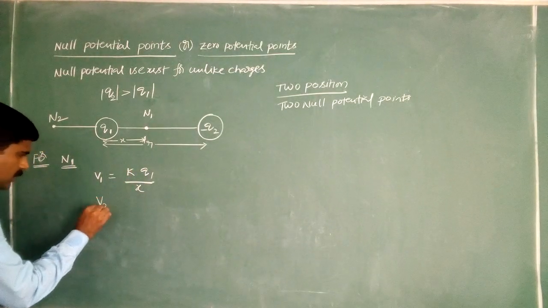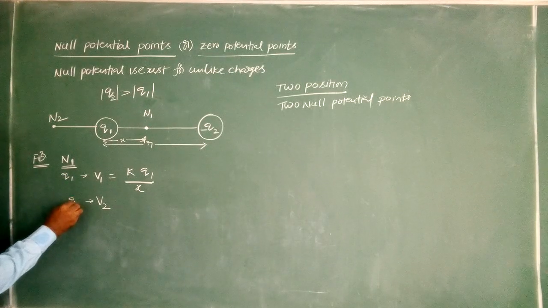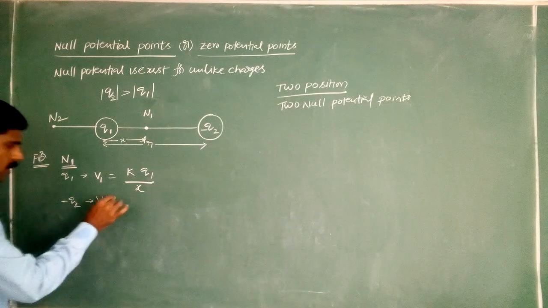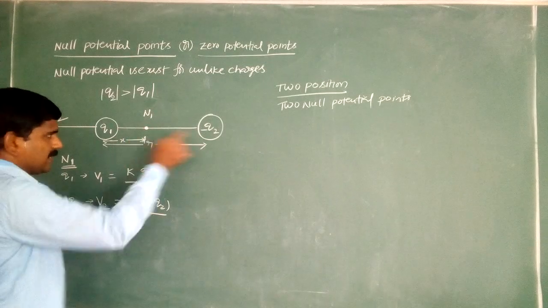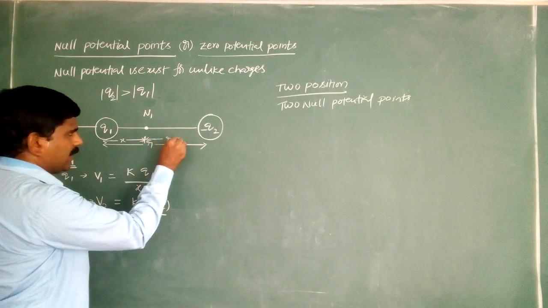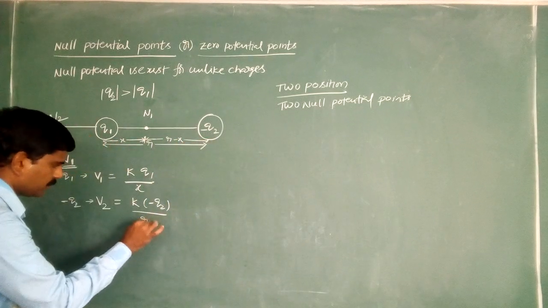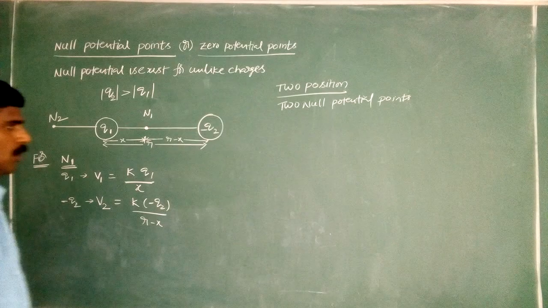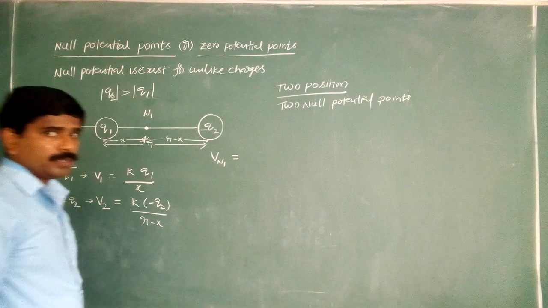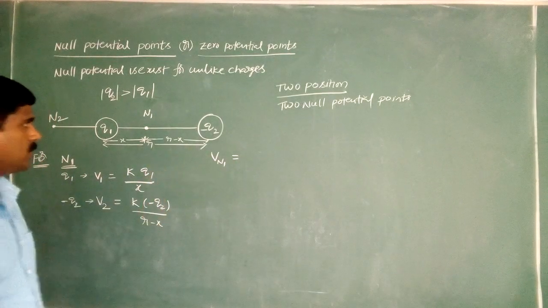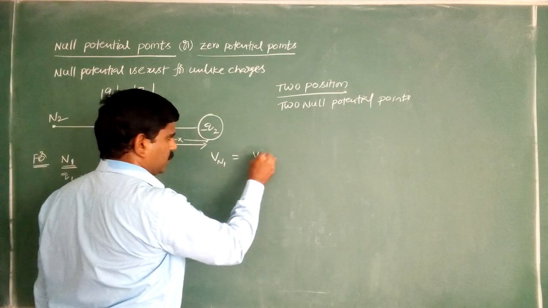Due to the second charge, minus Q2, V2 is equal to K into minus Q2 whole by the remaining distance, total is r and this is x, so r minus x. So the net potential at point N1 is V1 plus V2.